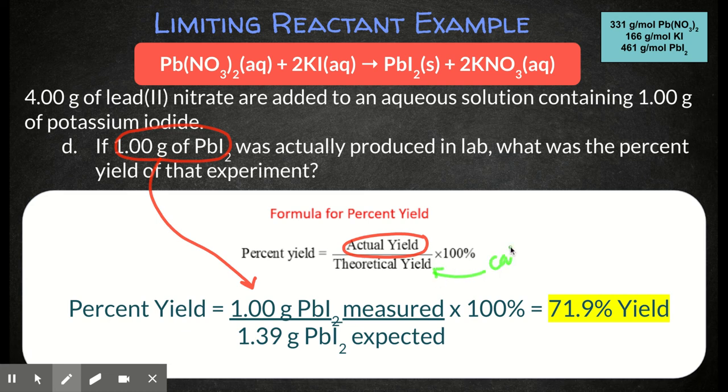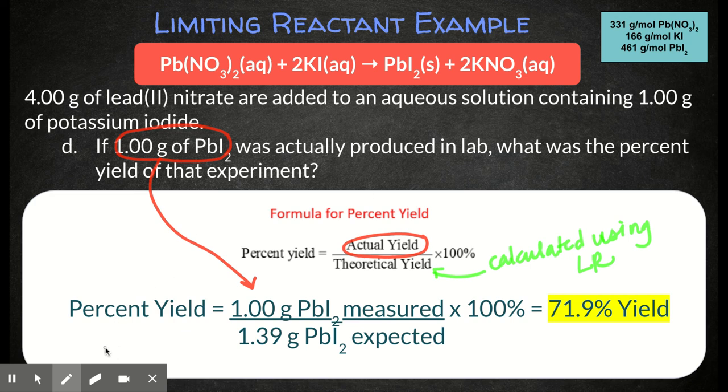This is what we calculated using my limiting reactant, and it's what I expected to be able to make. And so if I divide 1 by 1.39 times 100, I'm going to get 71.9%. I only made 71.9% of what I thought I should have. So probably should go back and look for some of that lost product.